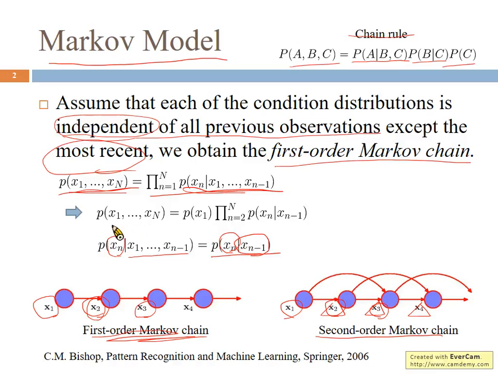With this property, we can simplify the calculation of this joint probability by simply this one. So for any xn, we calculate the probability of xn given xn minus 1, and we can largely simplify the calculation of the joint probability.